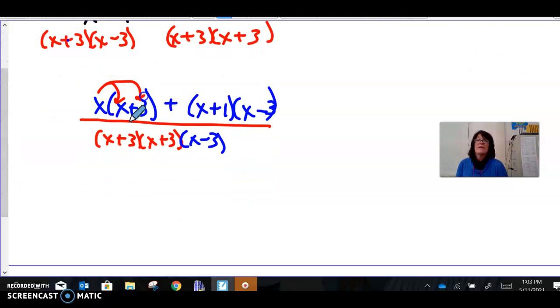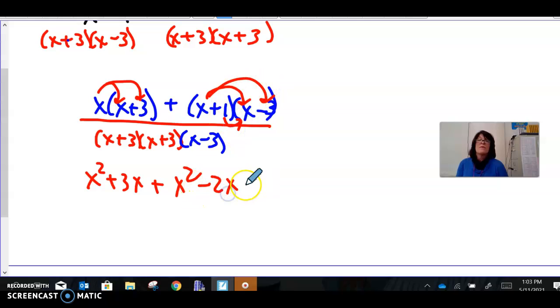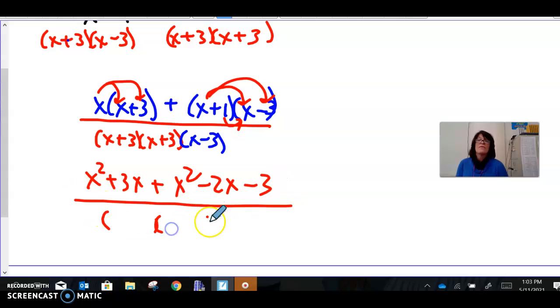Distributing gives me x squared plus 3x. Distributing here gives me x squared minus 3x plus 1x, so that'll be minus 2x minus 3. All over x plus 3, x plus 3, x minus 3.